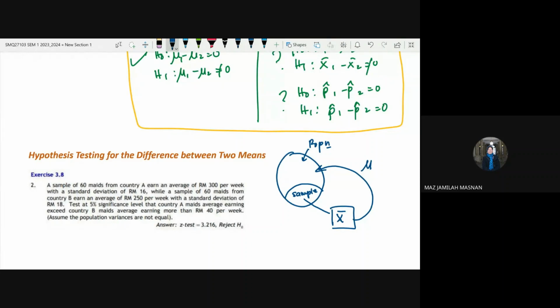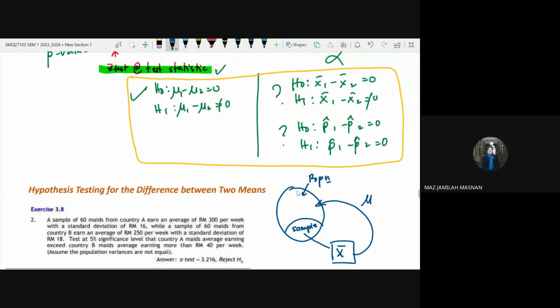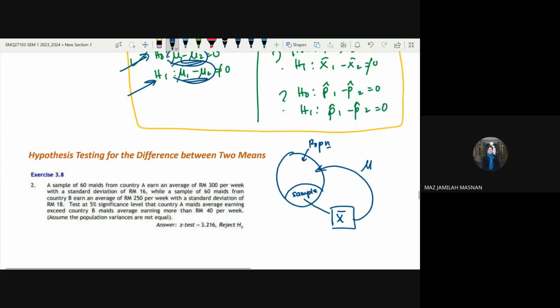That's why in this case we are making inference for our population difference in mean. We are testing the hypothesis statement based on the population that we are investigating. So we are testing the population statement, and the evidence is from our sample. Remember, these are the evidence obtained from our sample.